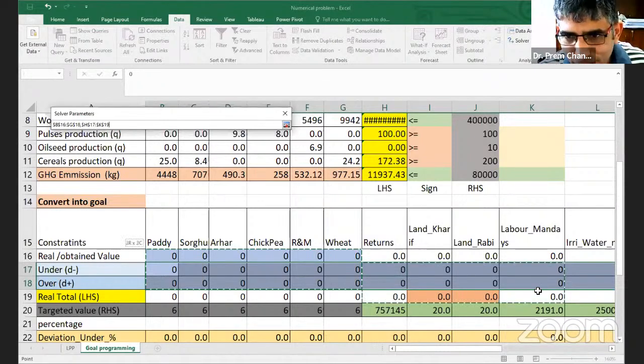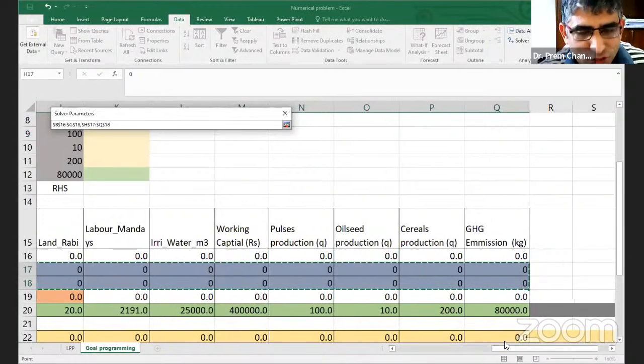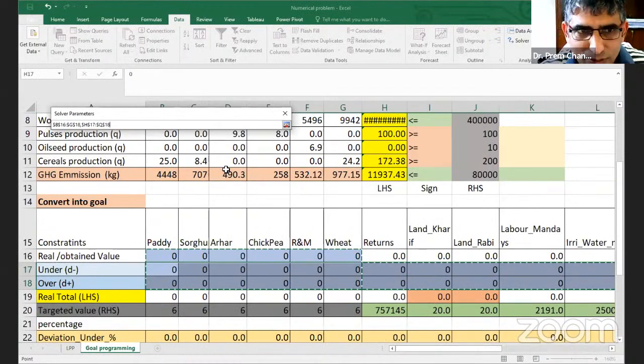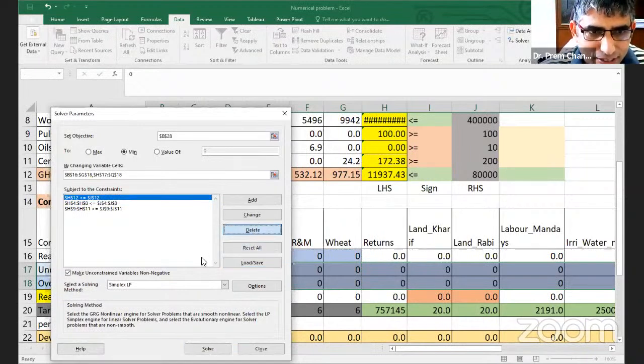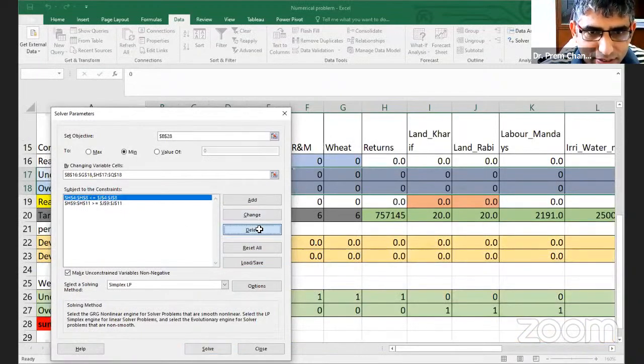So my decision variables are these. Now these I will delete.